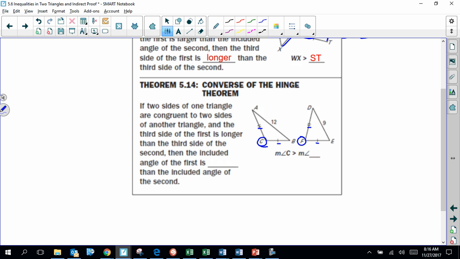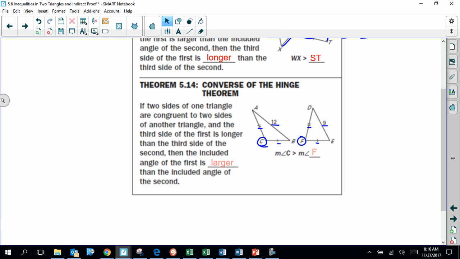The side across from angle C is 12 units long, and the side across from angle F is 9 units long. Therefore, angle C must have a larger degree than angle F because it is across from a larger side. The only way it can be bigger is if it's across from a bigger side.